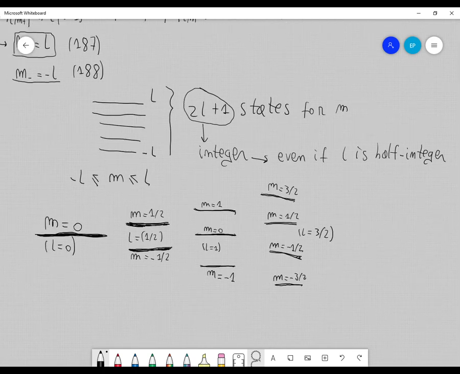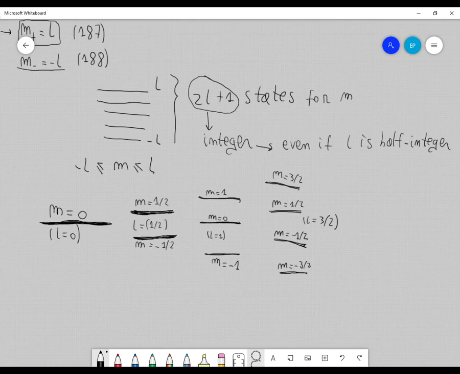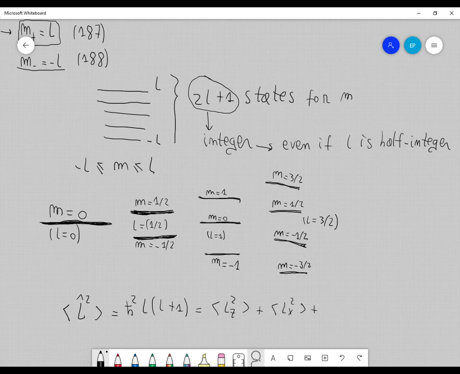Now the average value of L squared is equal to the eigenvalue h bar squared L times L plus 1, but this is also equal to the average value of Lz squared plus the average value of Lx squared plus the average value of Ly squared.